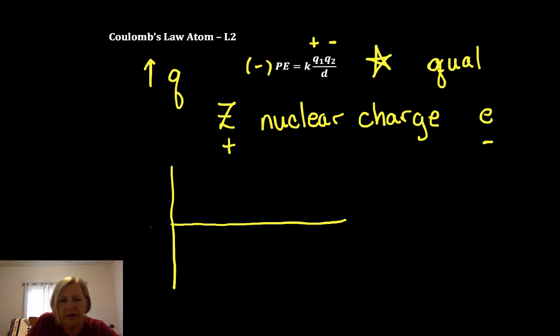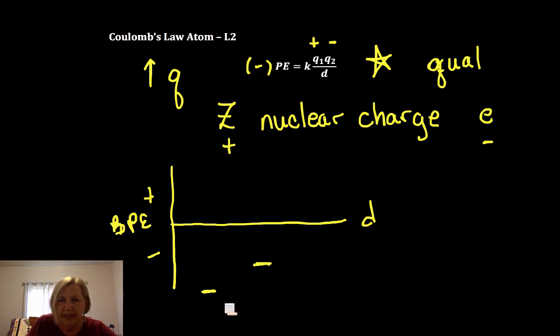Okay, so if we were to have a positive and a negative for our potential energy, and this is distance, we would talk about being more negative for greater nuclear charge and less negative for lower.